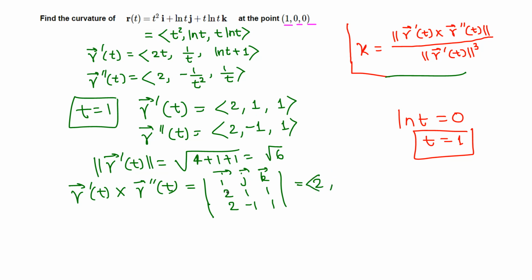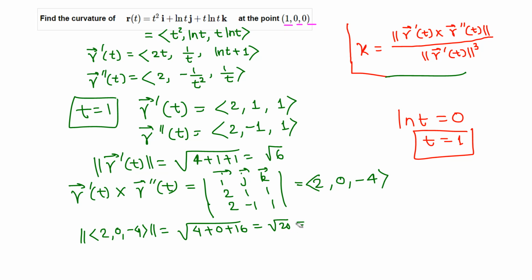How about j? This is 2 minus 2, 0, so negative 0 is 0. For k, that's negative 2, negative 2, negative 4. And let's find its magnitude, that goes on the top here. The magnitude of this vector, which is (2, 0, negative 4), is the square root of 2 squared, 4, plus 0 plus 16, that's 20. Okay, we leave root 20 for now.